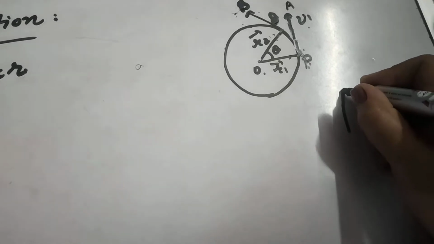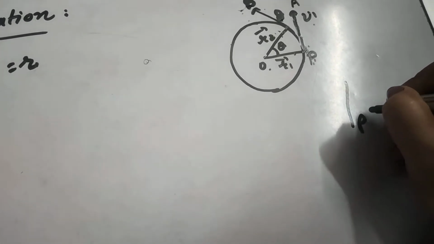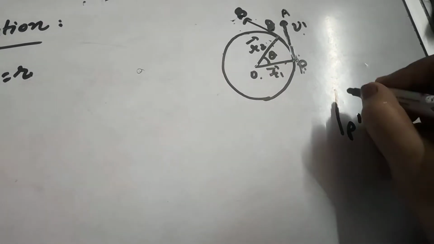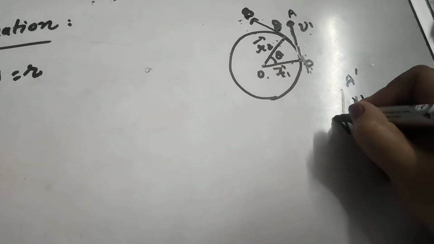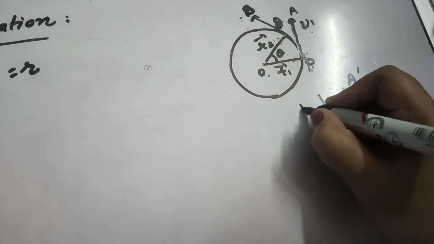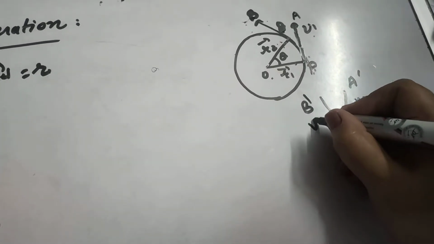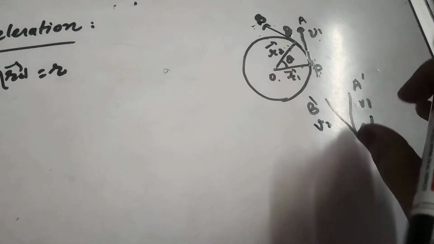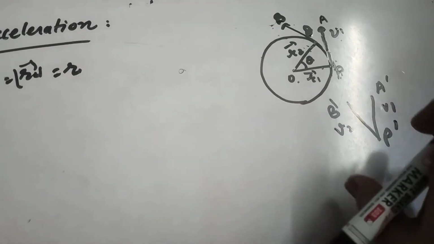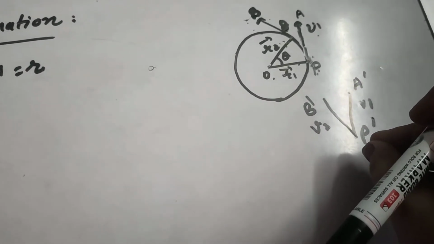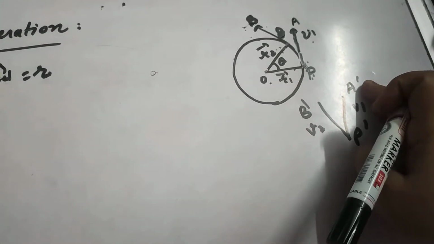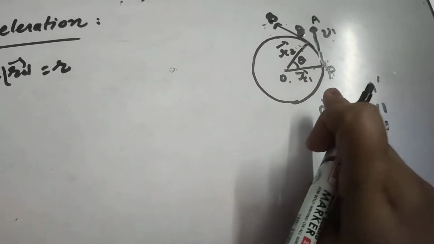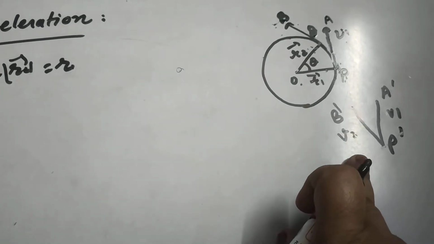To find that change in velocity, we take these velocity vectors separately. Let them be drawn from an external point P dash, with P dash A dash representing velocity v1, and P dash B dash representing velocity vector v2. So the particle at P initially has velocity v1 at A dash, and at B dash it has velocity v2.